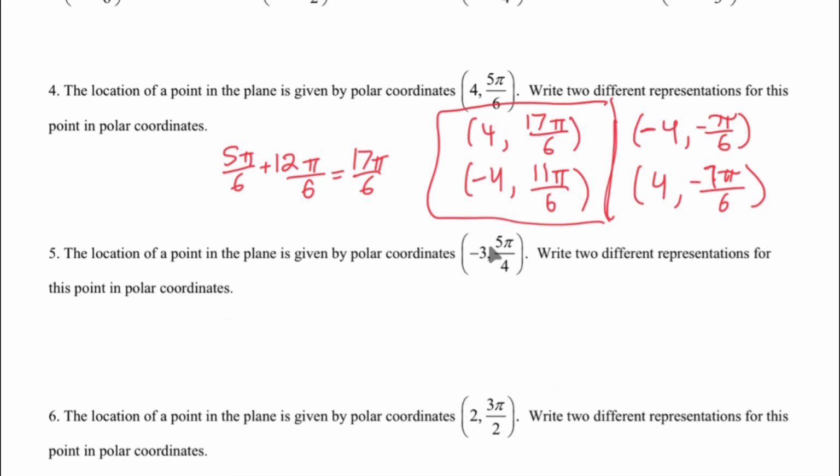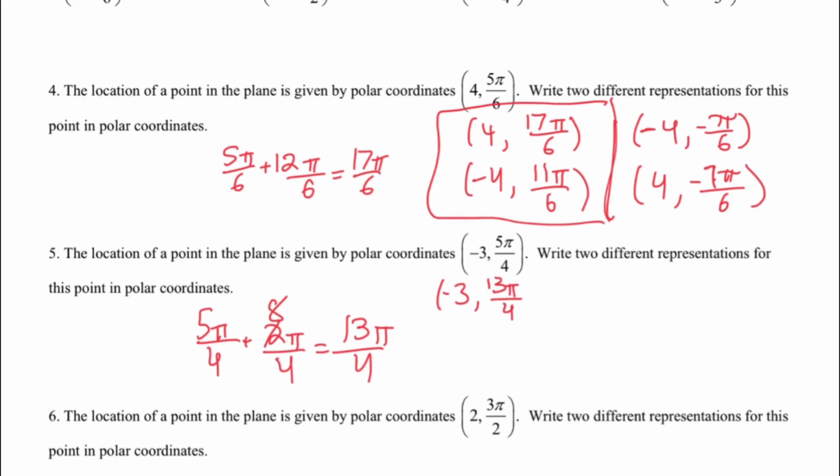All right, so here we have this one right here. We can add 2 pi to that. That's always the easiest in my opinion. So multiply by 2. Oh wait, sorry. Multiply by 4. So that gives us 8 pi over 4. And that's 13 pi over 4. So we have -13 pi over 4.